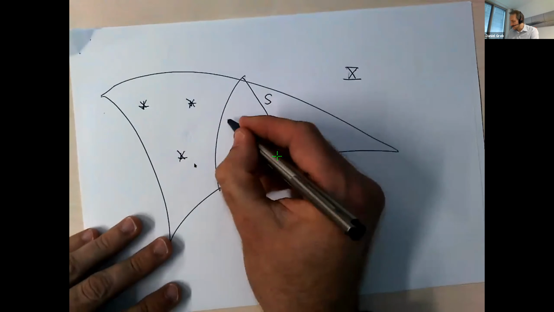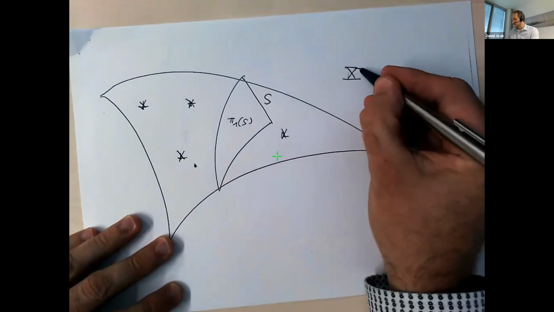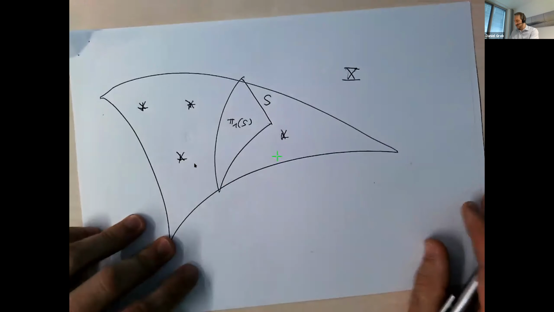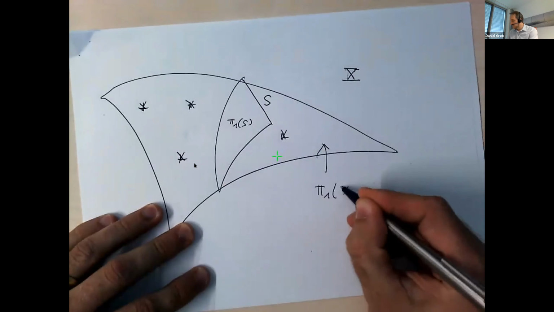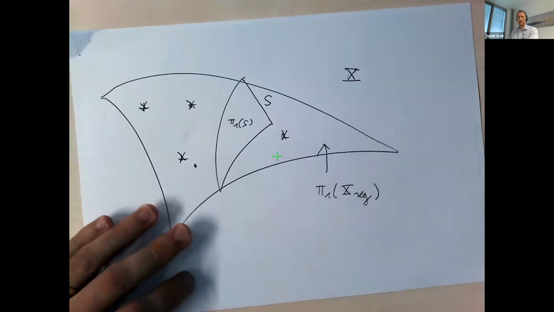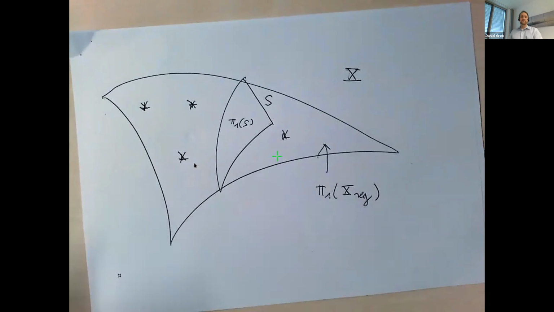Then the fundamental group pi1 of S is not necessarily the fundamental group of X, but it's just the fundamental group of the smooth locus. And there you see why we had to deal with the difference of pi1 of X reg and pi1 of X. So this is what the Lefschetz theorem tells you. And in general, this is really the only thing you can prove.